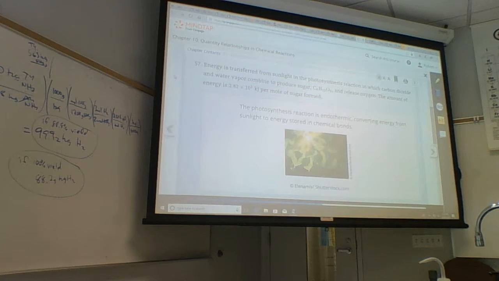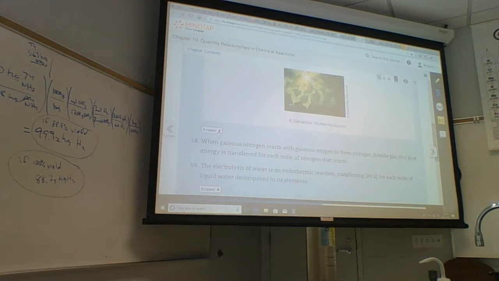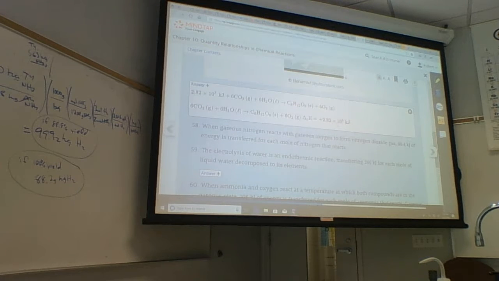The other way of expressing this would be 6 CO2 gas plus 6 H2O liquid yields C6H12O6 solid plus 6 O2 gas. And then we have delta H sub R, the heat of reaction, equal to plus 2.82 times 10 to the third kilojoules. So those would be the 2 ways.